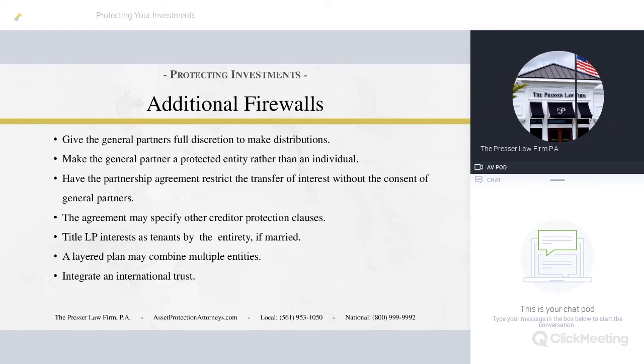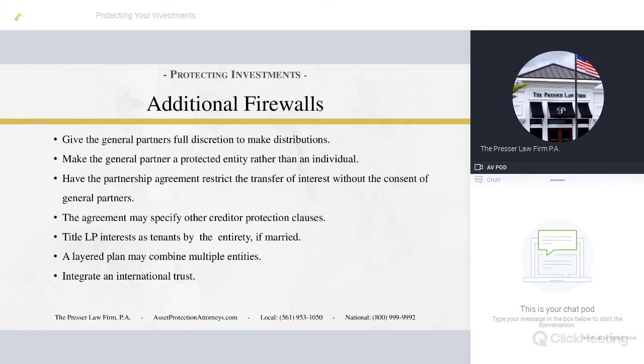The other thing we can do, and I'll touch upon it briefly, is another great way of dealing with investments from a creditor protection standpoint, which is to integrate an international plan. And there's a couple of ways to do that. International gets a very bad rap because the things we hear on the news are about people who do things foolishly, non-compliantly, they don't pay their taxes, they don't declare.